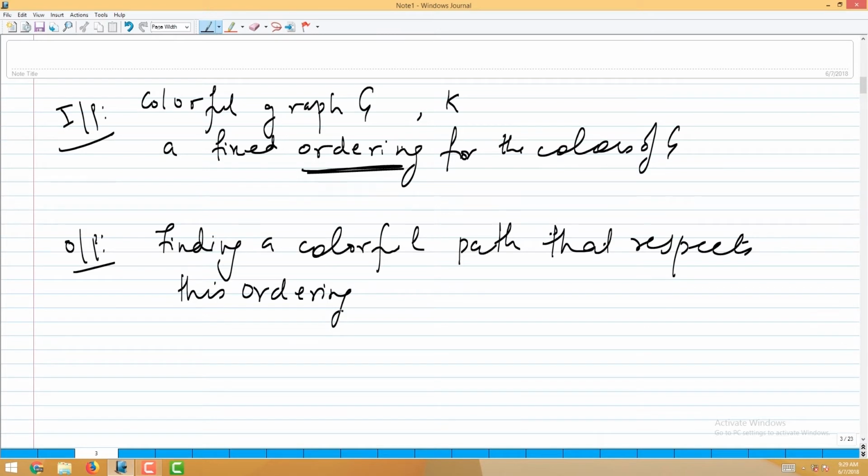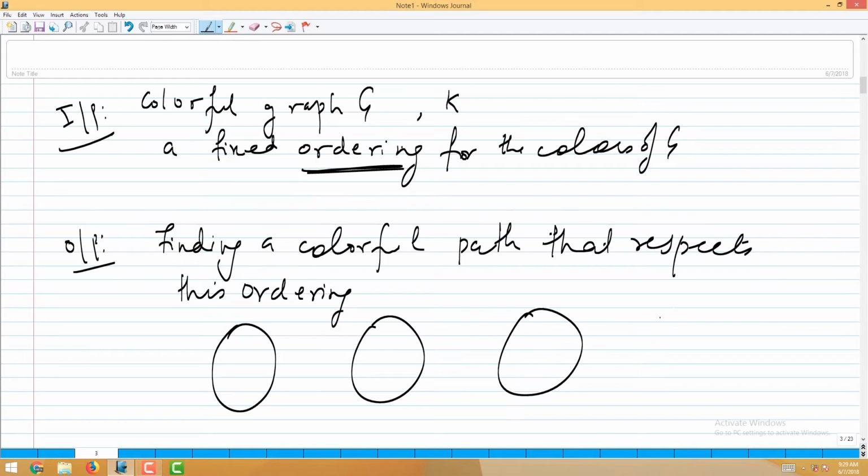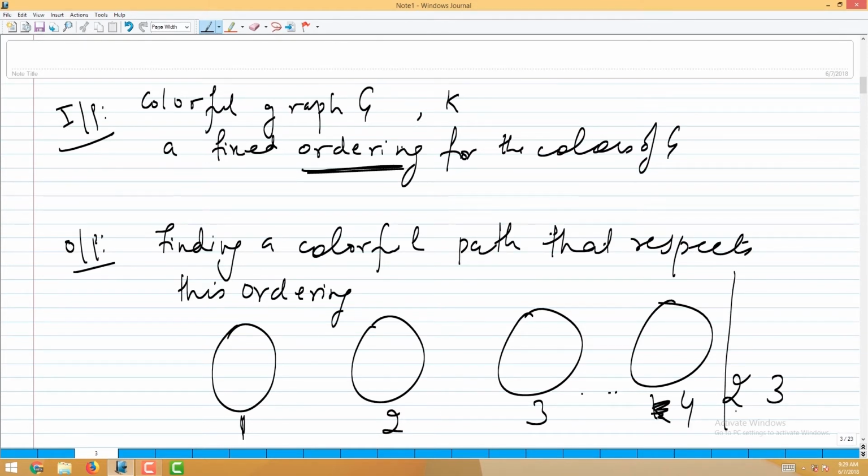Okay. So again, now I'll not draw colors, I'll just write numbers. So suppose this was the input graph, these were the vertices that get color 1, these were the vertices that get color 2, 3, and so on, up to k. And suppose k was only 4, and the ordering that is given to me is 2, 3, 4, 1.